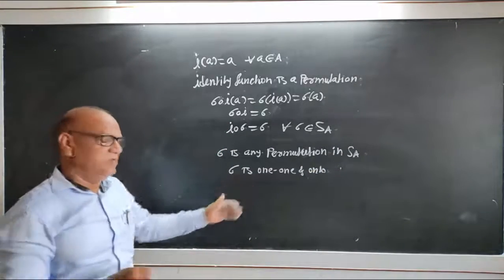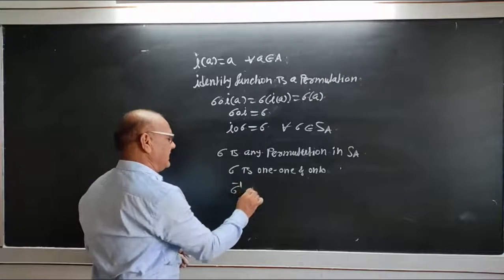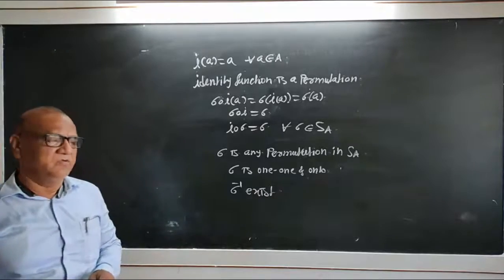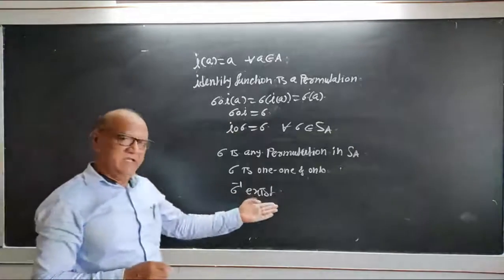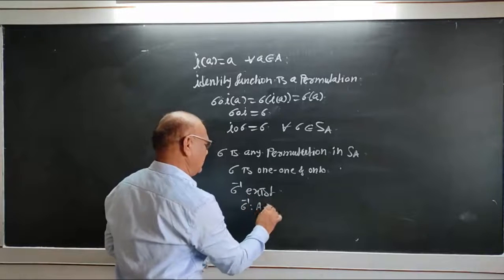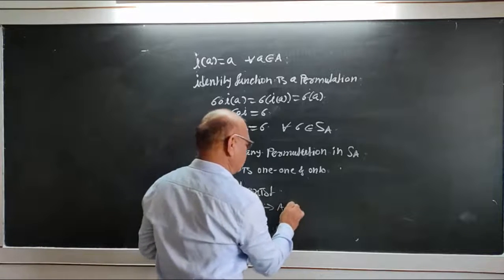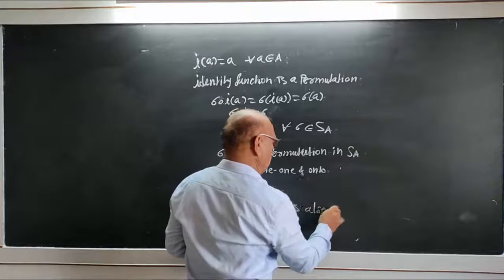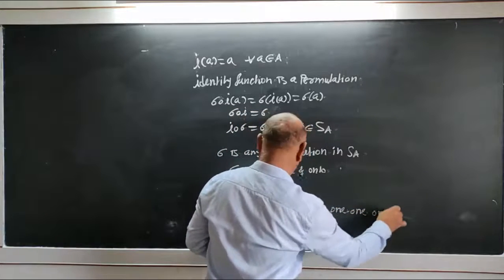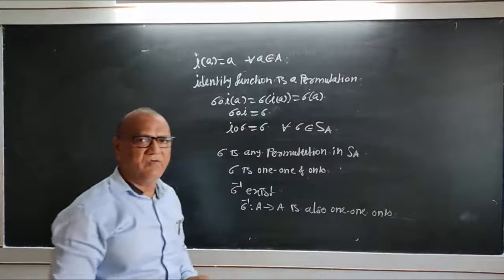Therefore sigma inverse exists. If a function is 1-1 and onto, then its inverse, sigma inverse from A to A, is also 1-1 and onto.